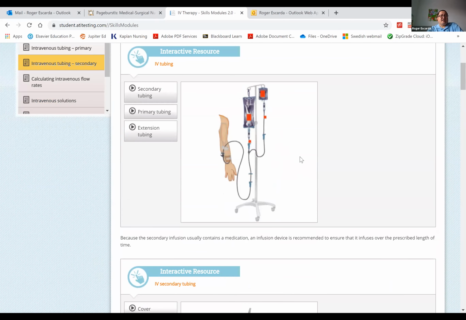Of course, we prefer that the longer lasting infusion be set on the primary line, on the primary tubing, whereas the bag that is either smaller or runs intermittently, meaning only maybe every 6 hours or every 8 hours, should be secondary. That's the general practice.